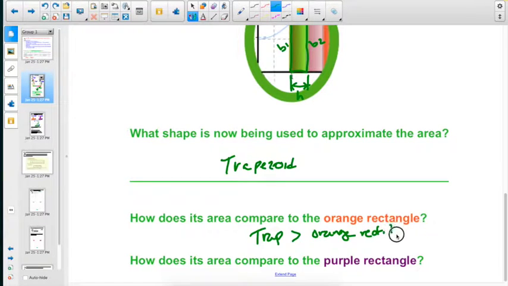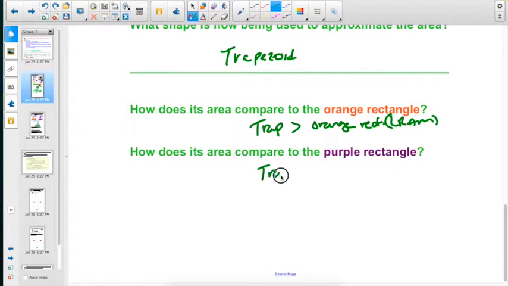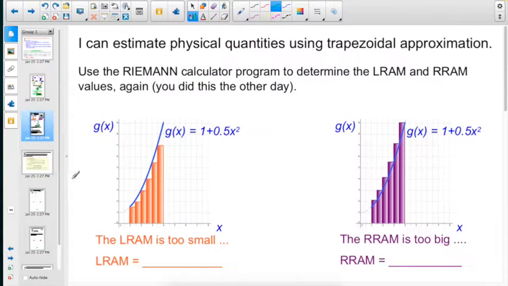That was the LRAM rectangle, and we know that the trapezoid is smaller than the purple rectangle, which was our RRAM rectangle. So it's somewhere in between there.